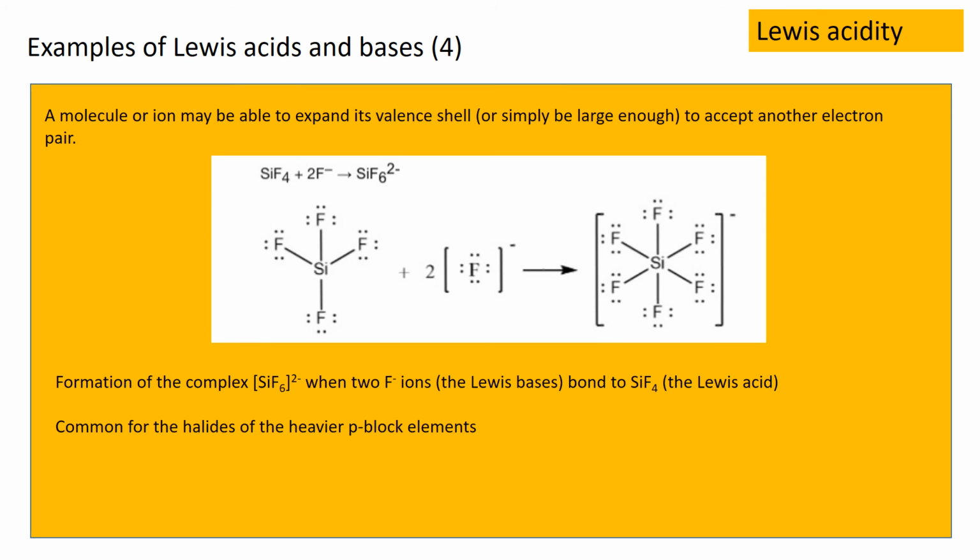And in some strange circumstances, a molecule or an ion might be able to expand its valence shell, or the radius of that ion might simply be large enough to accept another electron pair. And you can see here this SiF4 molecule is able to accept electron pairs from 2 F- ions, which act as the Lewis bases, to yield SiF6.